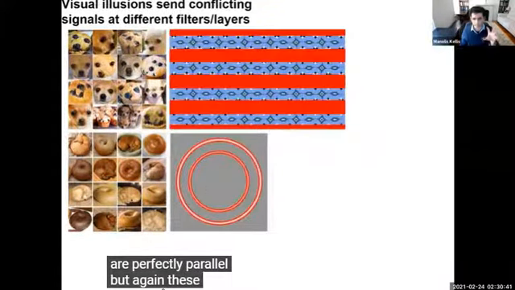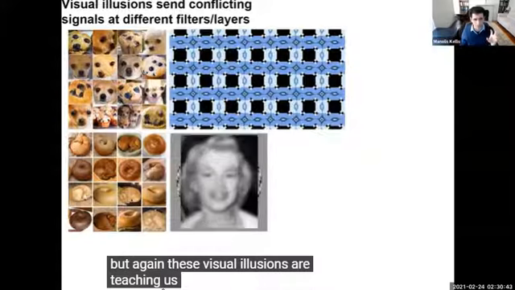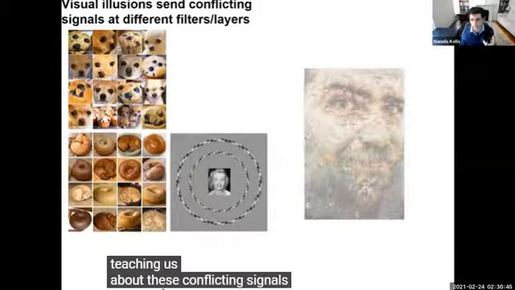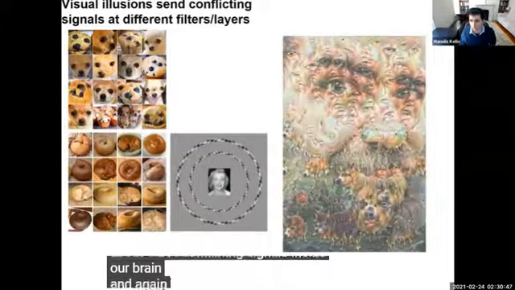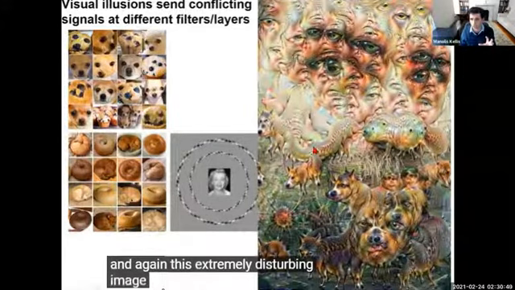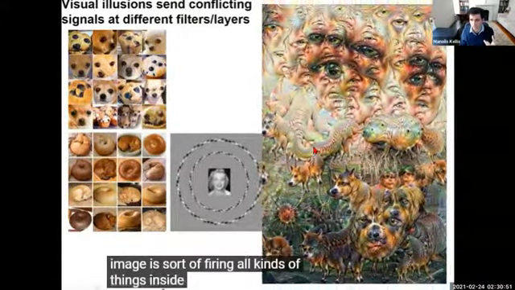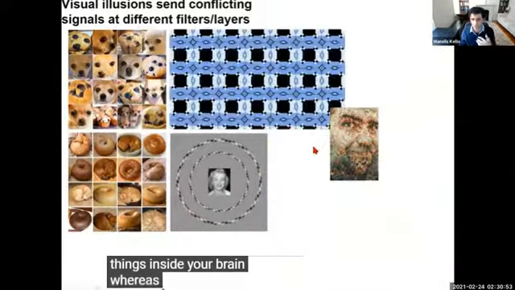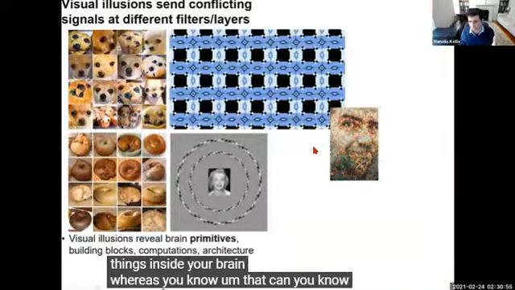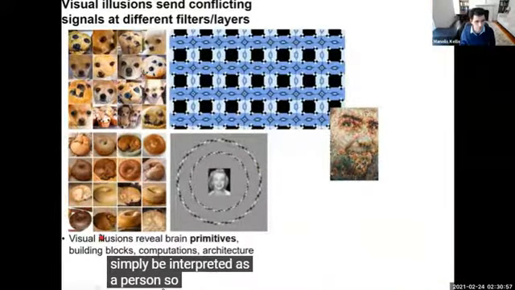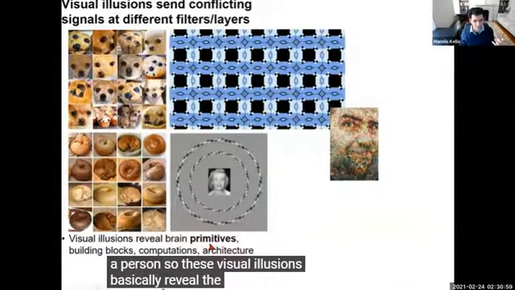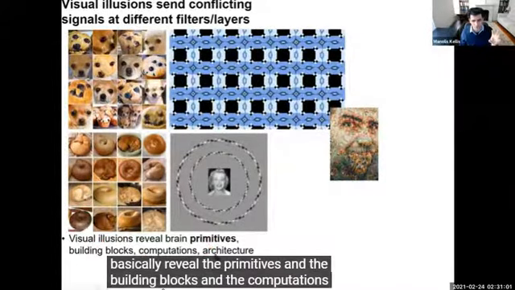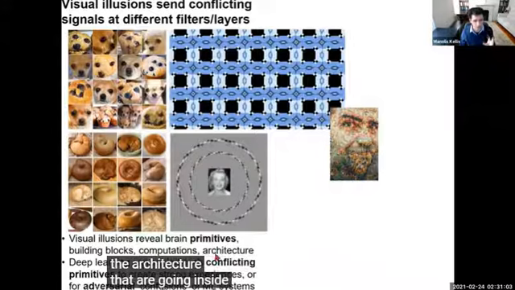But again, these visual illusions are teaching us about these conflicting signals inside our brain. And again, this extremely disturbing image is firing all kinds of things inside your brain, whereas that can simply be interpreted as a person. So these visual illusions reveal the primitives and the building blocks and the computations in the architecture that are going on inside your brain.